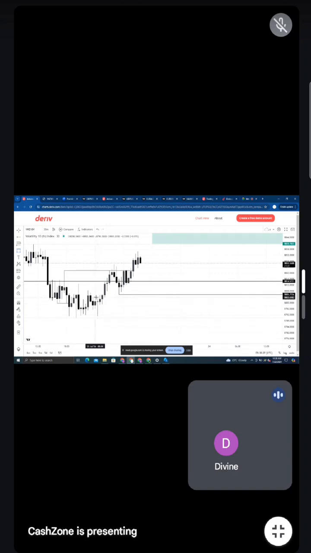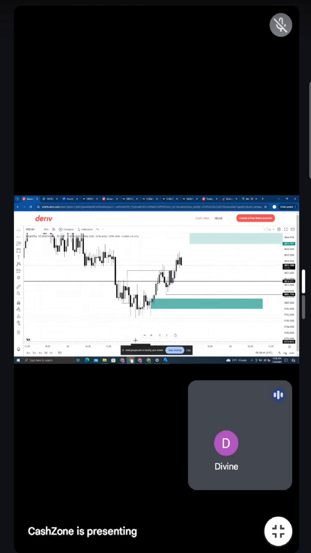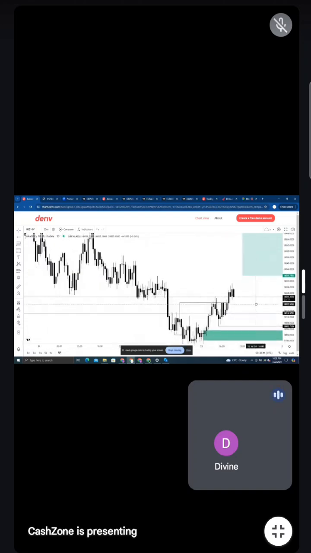Is this a buy candle, a sell candle? So this is a potential zone where price may buy from. I'm not going to take it because it's actually very confusing. So I'll just leave it like that.